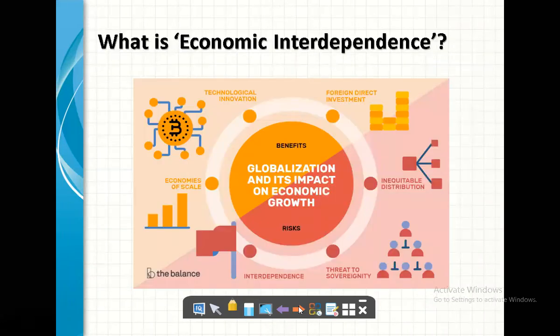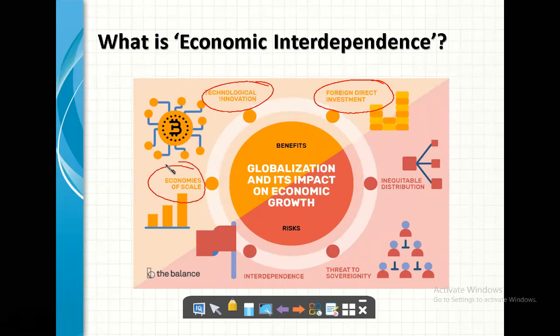Okay, so economic interdependence has both its positive and negative impacts. On the positive side, we have benefits, and on the negative side, we have risks. On the positive side, we have technological innovation, foreign direct investment, and economies of scale.